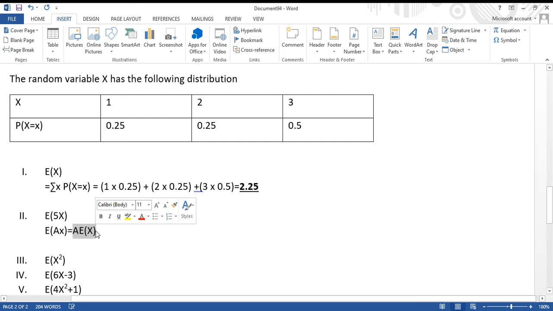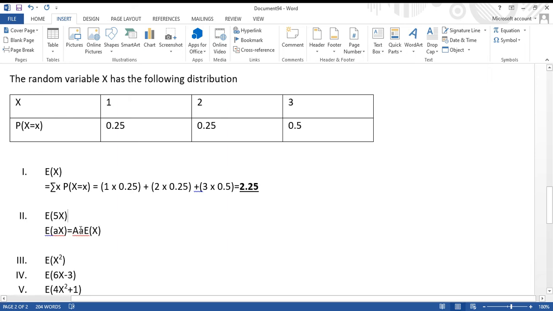Basically, we want the expected value to be separated so that we can find it and then multiply it by the constant a. I don't know why Microsoft Word doesn't want the a to be in small letters and the X in capital letters. Similarly, even here.